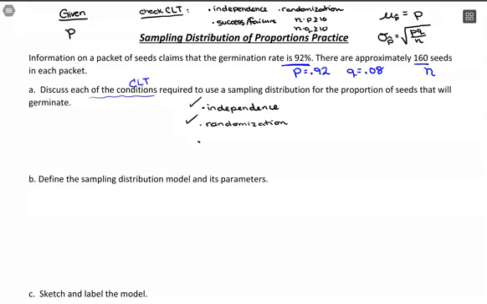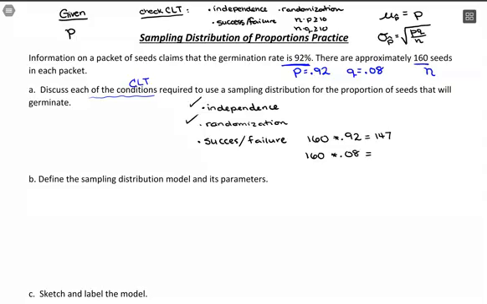But the part that we really need to show work is the success-failure condition. With that, we're going to take our sample size of 160 times 0.92 and 160 times 0.08, making sure those are larger than or equal to 10.